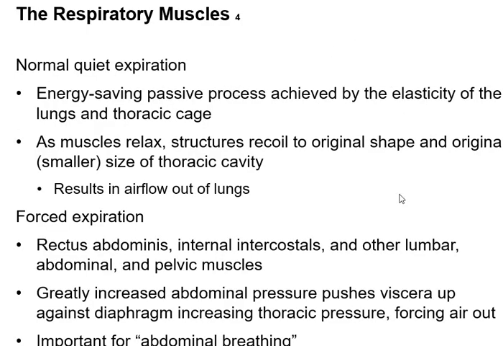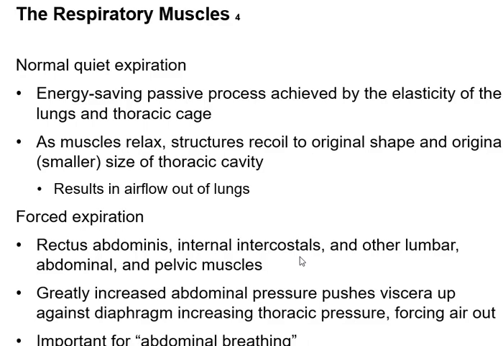If you're going to do more than just sit quietly breathing, if you're going to have forced inspiration and expiration, then you're going to involve some other muscles. So the rectus abdominis and the internal intercostals, and some of the other muscles that make up your lumbar region, that's your lower back, your abdominal, that's around your belly button region, and your pelvic muscles even are going to help you.